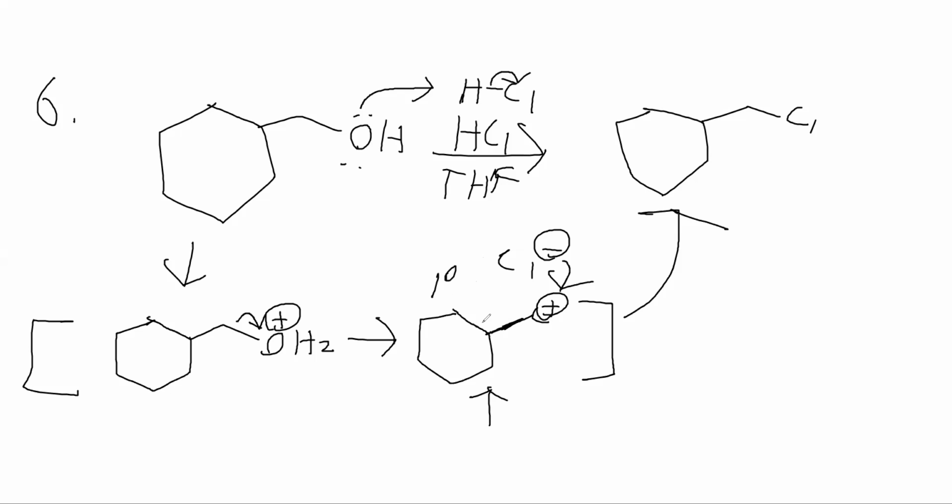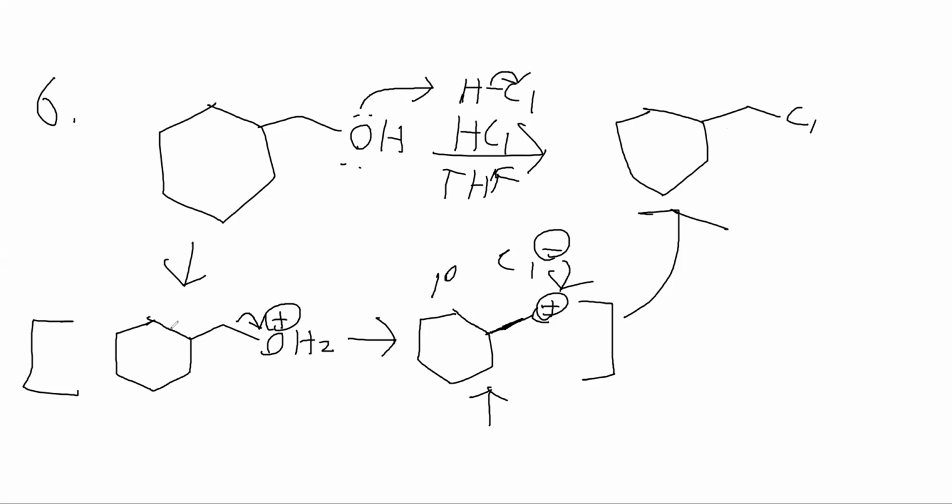So this intermediate would probably form pretty slowly. And because this intermediate would form pretty slowly, the chlorine wouldn't be able to attack it very easily. So this product wouldn't form very quickly. And that would slow the reaction down because of the substitution of this cation.